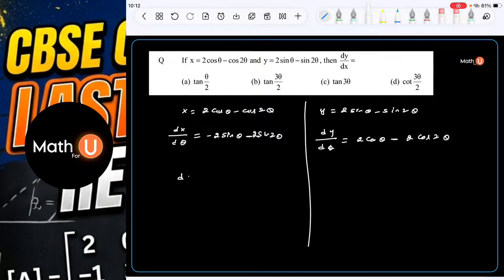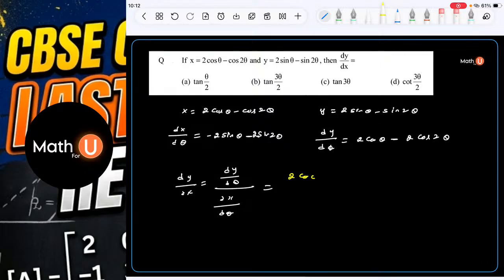Then dy by dx is equal to dy by d theta divided by dx by d theta. dy by d theta is 2 cos theta minus 2 cos 2 theta, by minus 2 sin theta minus sin 2 theta. Can you take 2 common directly in the numerator and denominator? Take 2 common in the numerator, we get cos theta minus cos 2 theta.